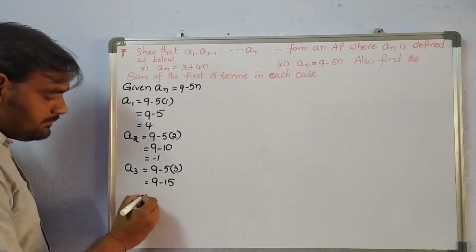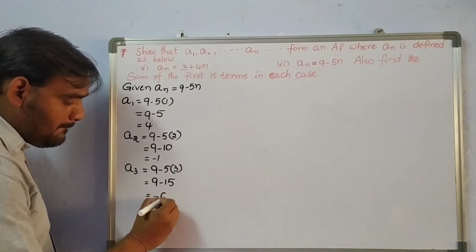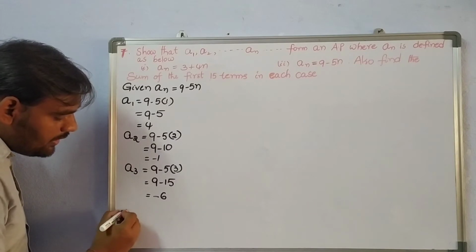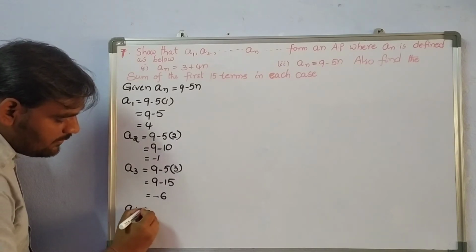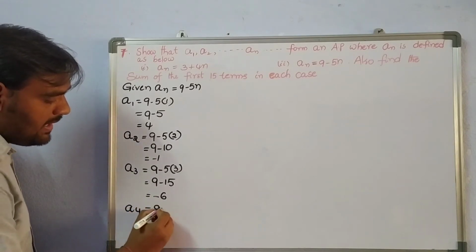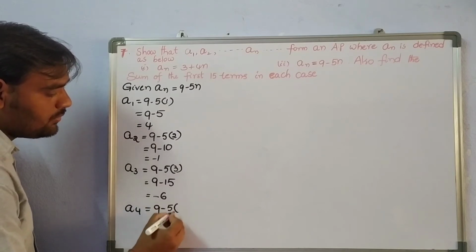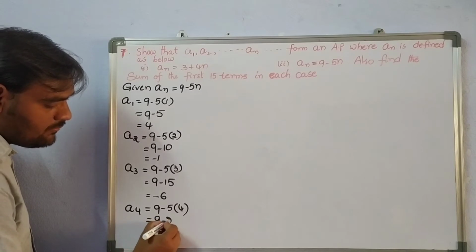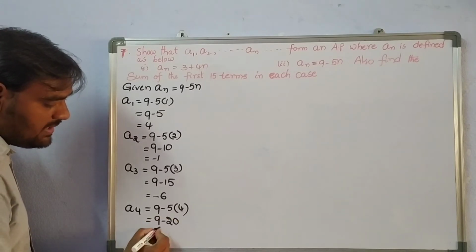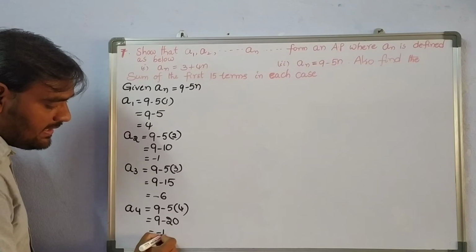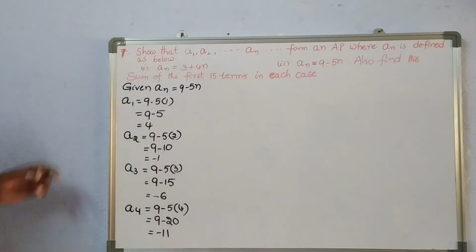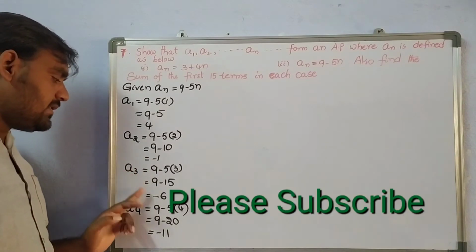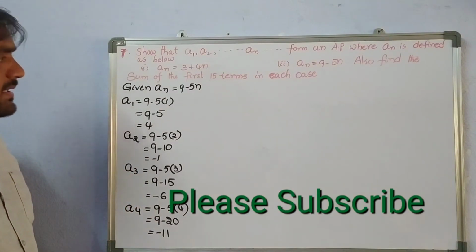So 9 minus 15, its value is minus 6. Next, A4 is equal to 9 minus 5 into 4. So its value is 9 minus 20, which means minus 11. See here, A1 is equal to 4, A2 is equal to minus 1, A3 is equal to minus 6, A4 is equal to minus 11.